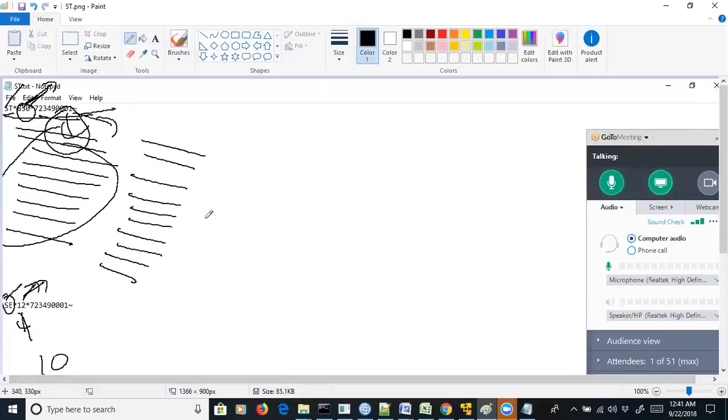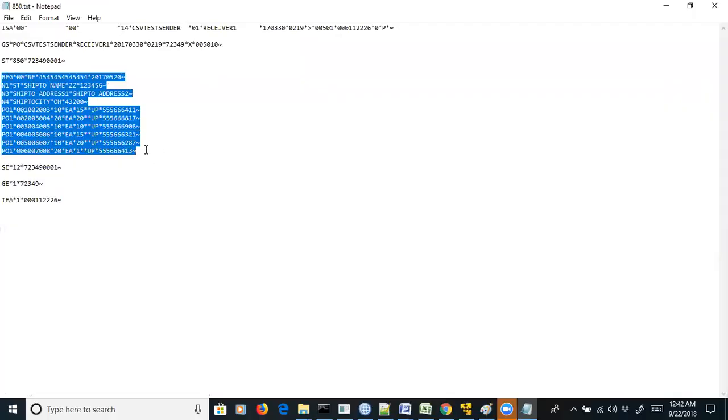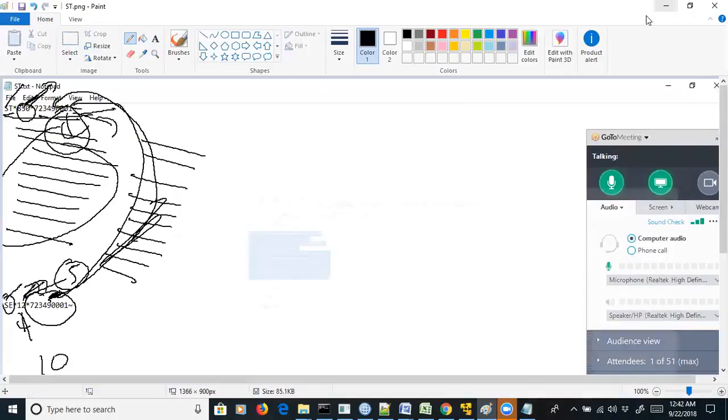If it contains 5 only, then it will be 5 segments. And this is again your control number, which should always match your header transaction set control number. If you see in this example, here we have 12 because we have 12 segments here. So this is your ST and SE.